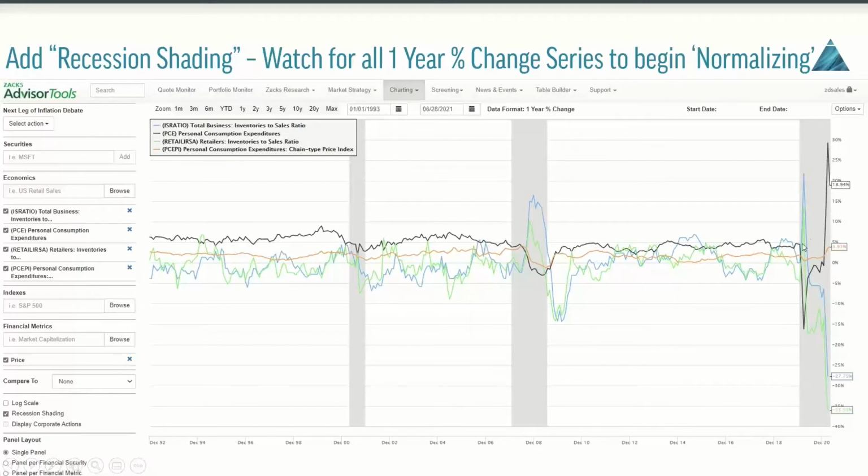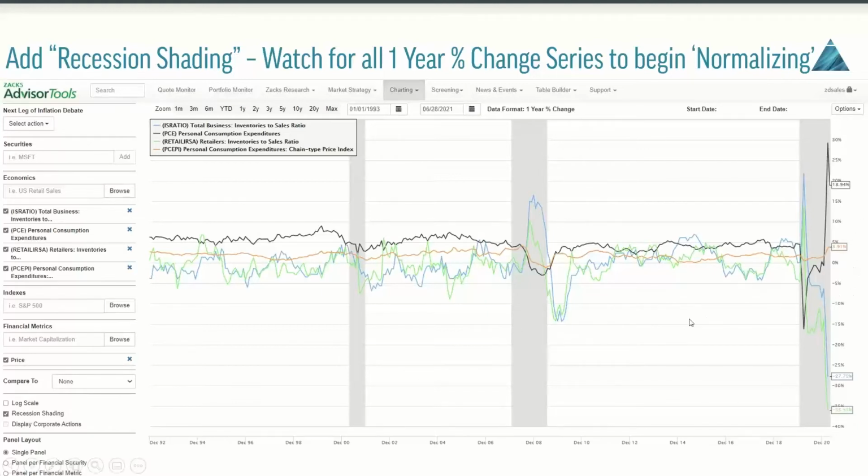To the extent that happens, we should see pressure come off of this personal consumption expenditures chain-type price index, and this begin to roll over. You can see that this is obviously very much a cyclical type oscillator because it's under such control with the Federal Reserve. They obviously keep a close watch on that number.